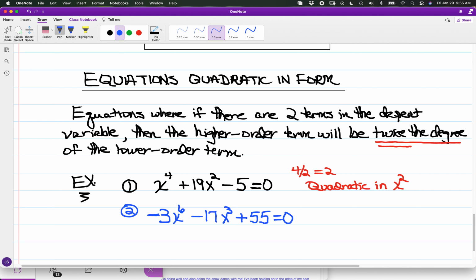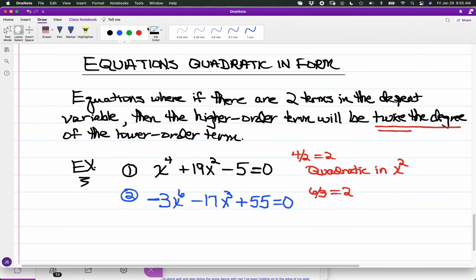Looking at the degrees in the variable terms, we have higher order at 6, lower order at 3. And we have 6 to 3, that is going to be at 2. So for this equation, this would be quadratic in terms of the lower order variable factor. In this case, this equation is going to be quadratic in x cubed.